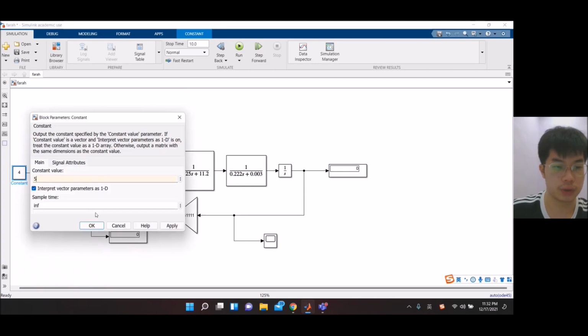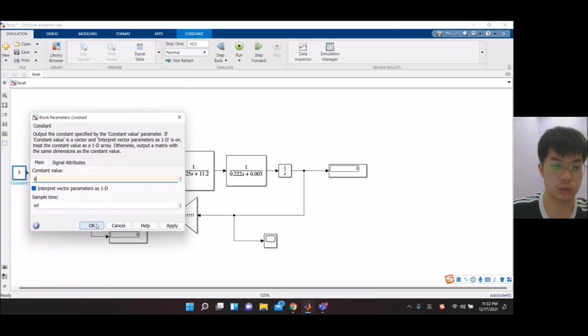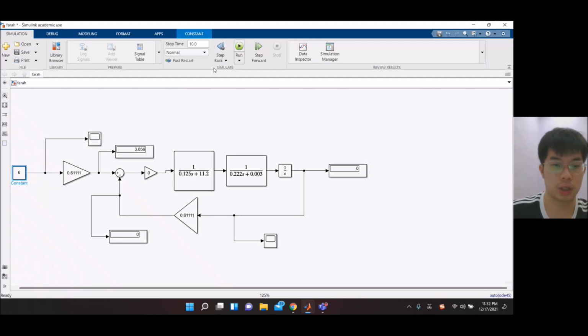Change to 5. The value will become 3.0, and here is 0. Six, run, the value will become 3.6, and here also 0.